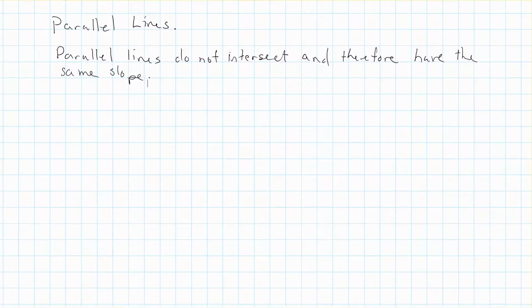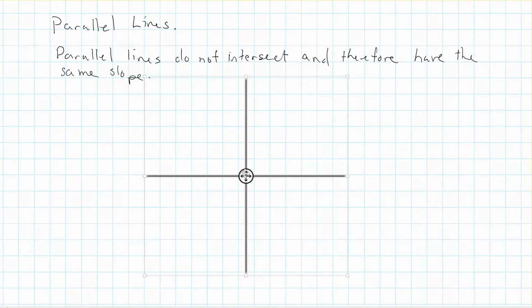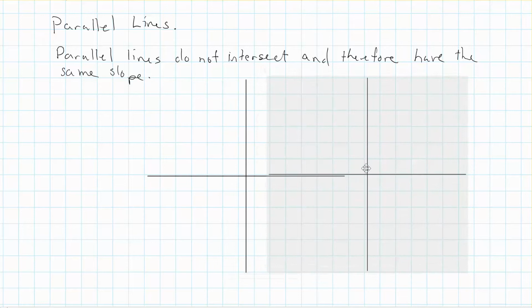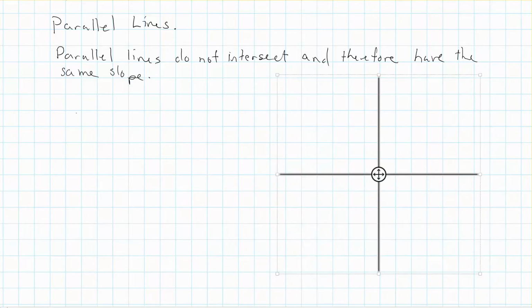Alright, so parallel lines. Let's look at a quick graphical example here. So let me put a graph down here, slide it over, and let's look at the equations y equals 2x plus 1 and y equals 2x minus 2. Now these are pretty straightforward to graph.